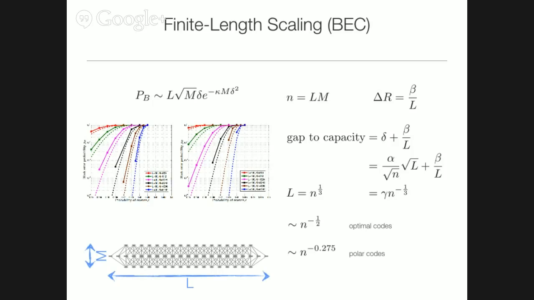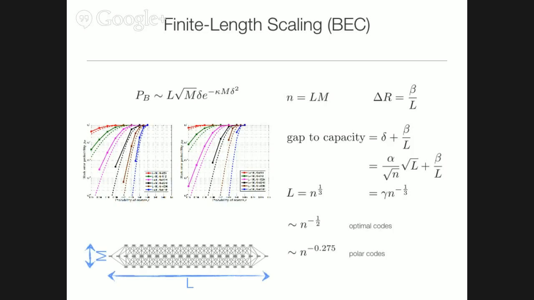And so the question is how you should choose L versus M. It turns out the right scaling should be that L should be roughly the block length to the 1/3, and M should be the block length to the 2/3. If you put this together, you will see that for the gap to capacity you have here n to the minus 1/3, whereas for optimum codes you have n to the minus 1/2, and for polar codes you have roughly n to the minus 1/4.